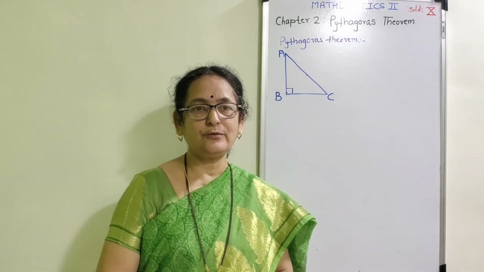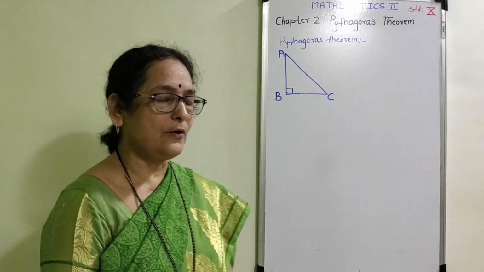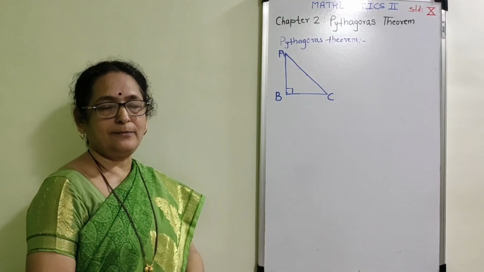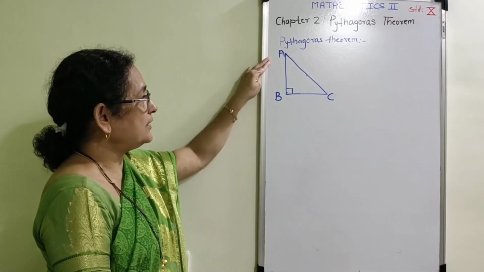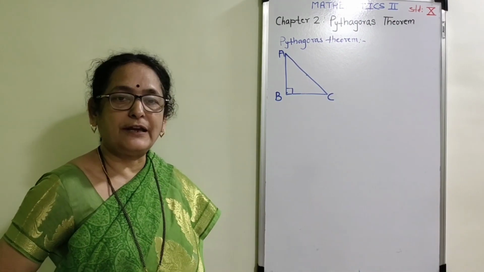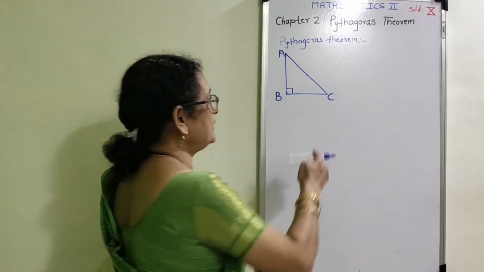Students, now we are going to learn the proof of Pythagoras theorem. Now observe the figure on the blackboard. We have taken a small right angle triangle ABC where angle B is 90 degrees. Now I am going to write the given thing.